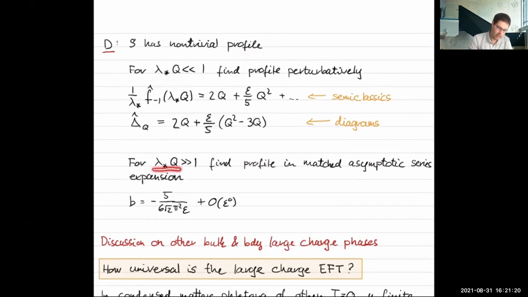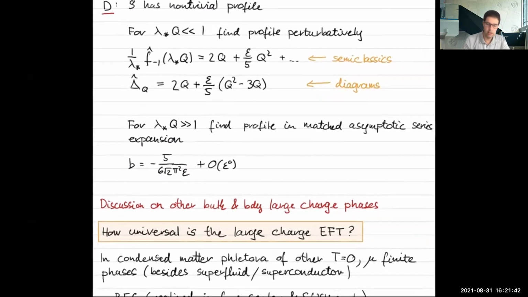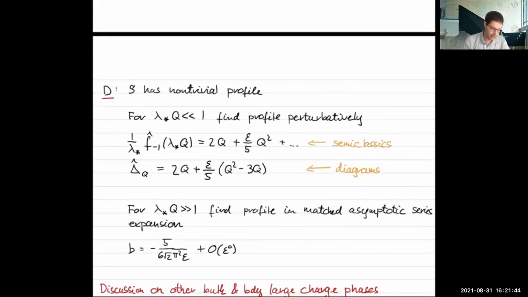In the large lambda Q limit, the profile can be found in a matched asymptotic series expansion, and the value of B can be found. And in the Dirichlet case, you see that it's order 1/epsilon, just like in the intro. Okay, so with this I conclude the discussion of these checks in the O(2) model.